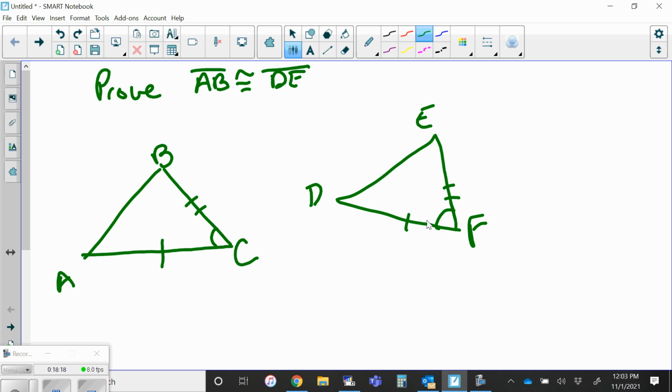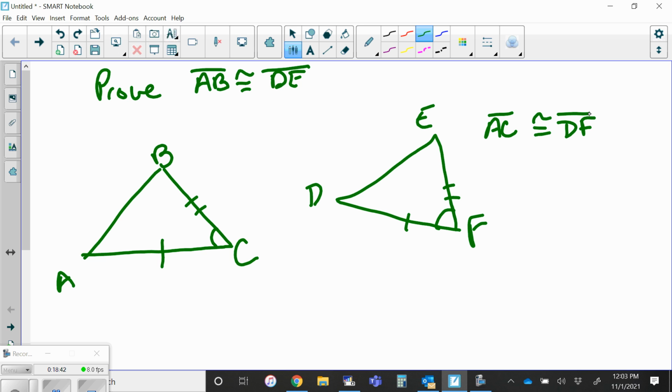Well, first off, what do you know? All right, so if I was doing a proof, I could say that AC is congruent to what? DF, and what would be my reasoning?